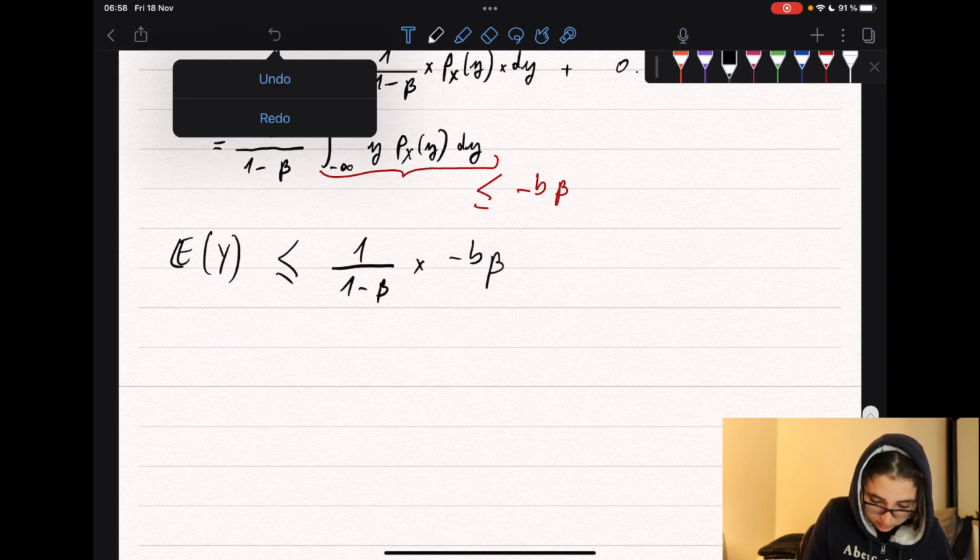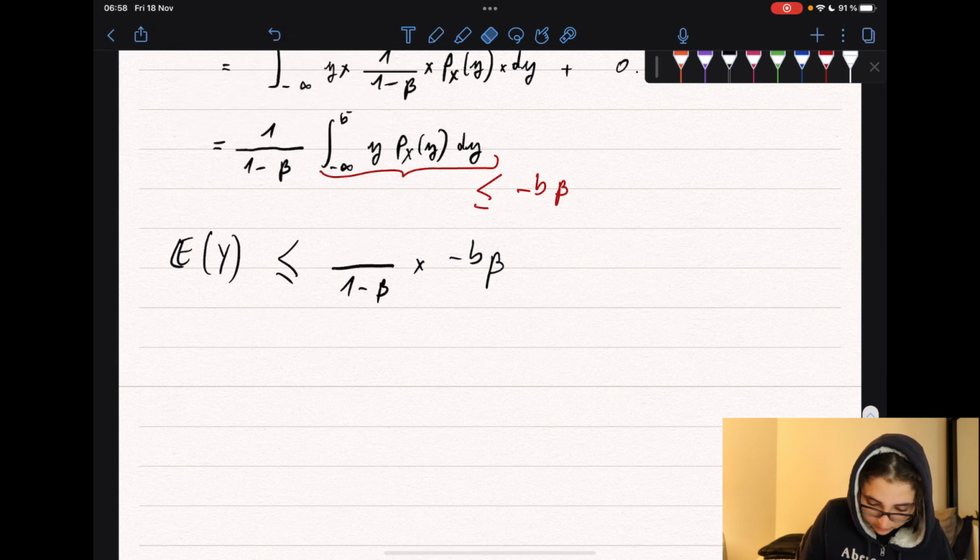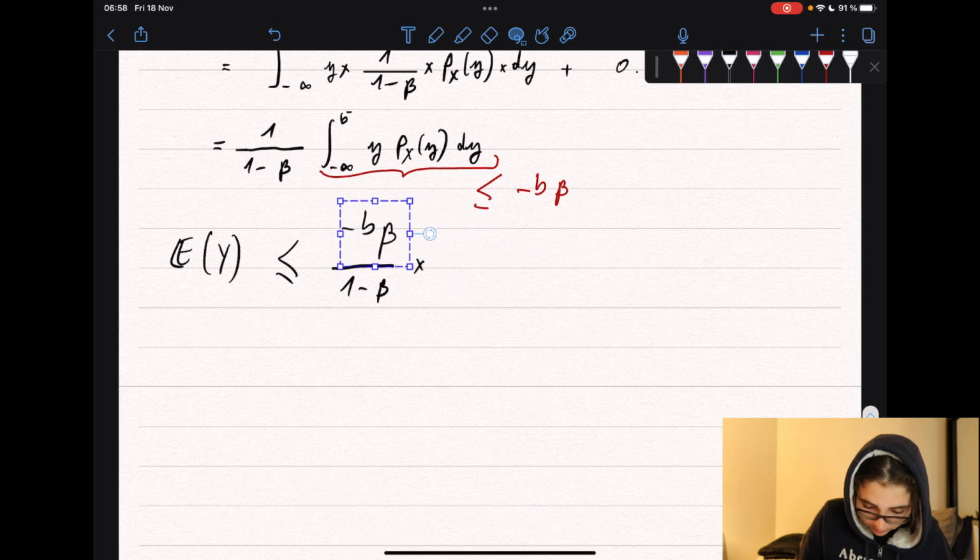Okay, let's redo this. We're just going to remove this one and move this part here, because it's basically the same thing.